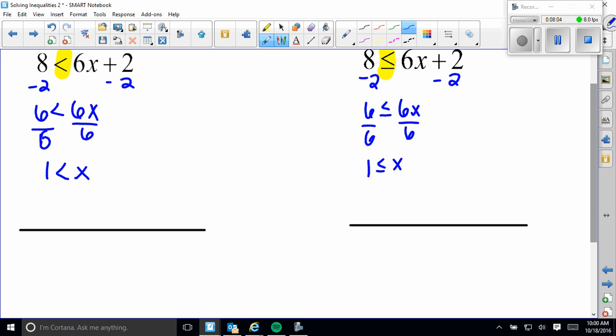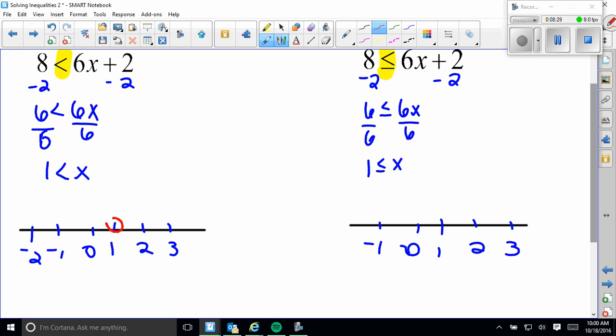If we go ahead and graph these, we're going to start with our value, and we're going to put numbers on both sides. Start with your value. Alright, let's look over here at the left. 1 is less than x. Since there is no line, that means that 1 is not included in our values.